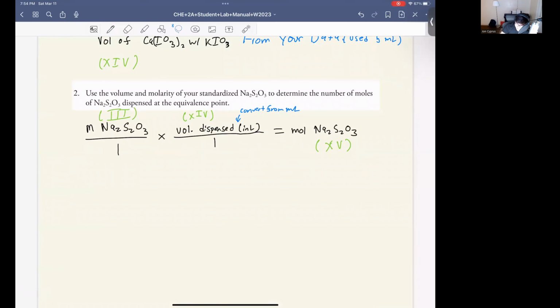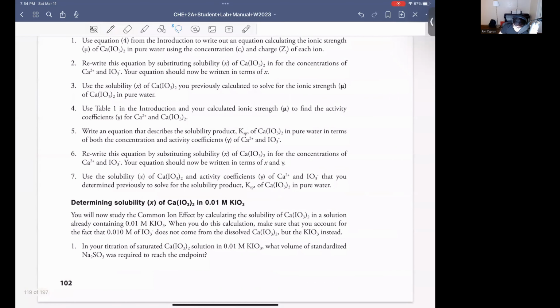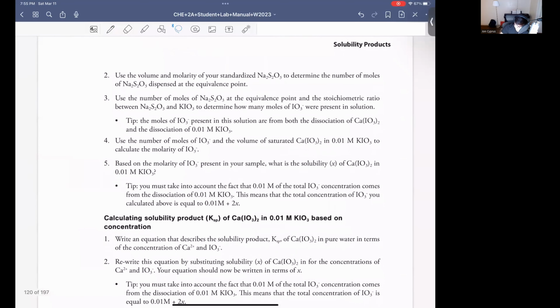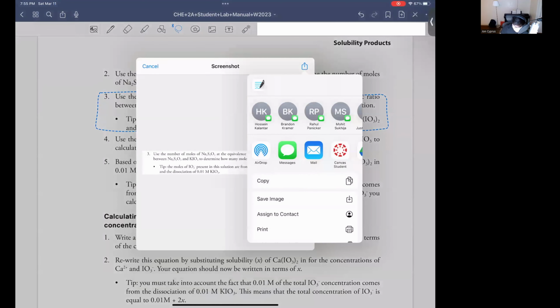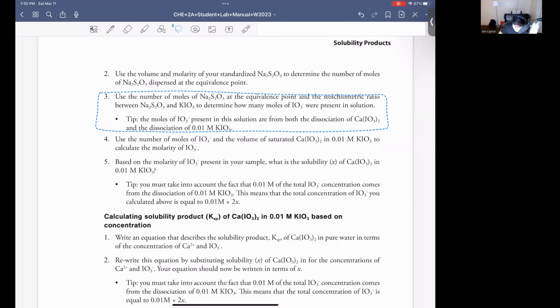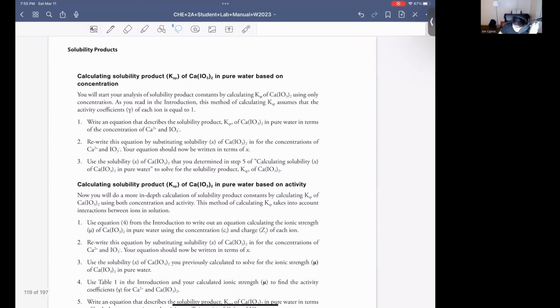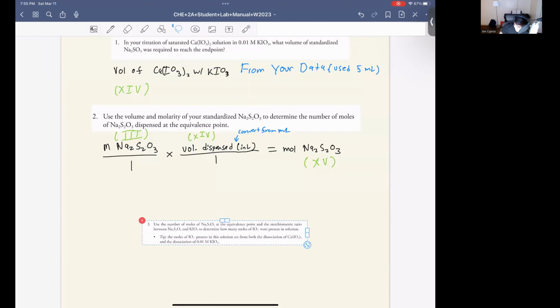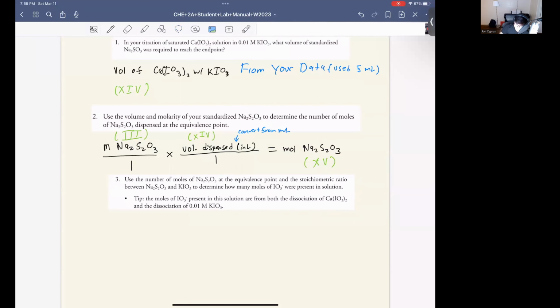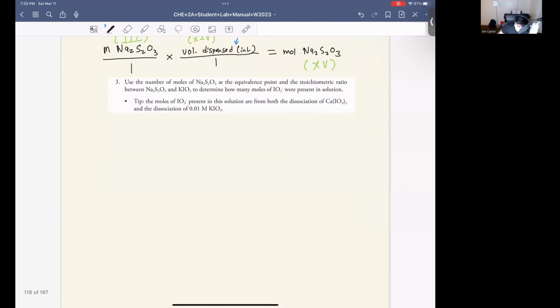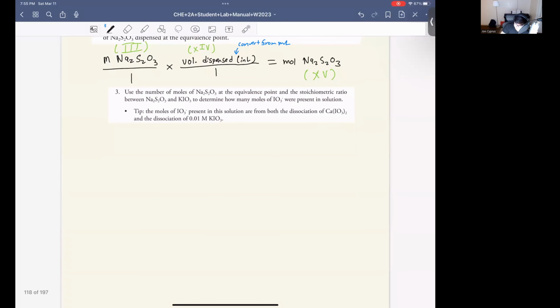Then let's go on to the next one here. We're going to use the number of moles to determine how much iodate is in solution. We're just going to do the stoichiometric ratio we did before.